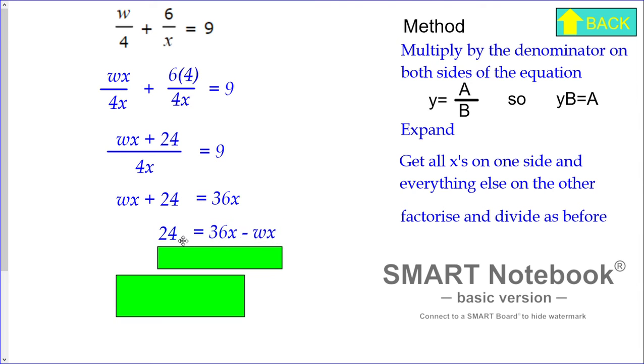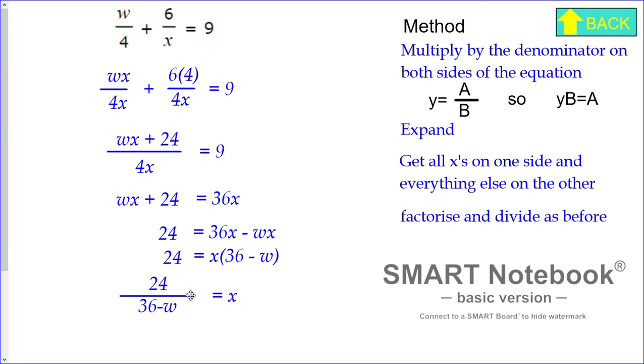So we end up with 24 equals 36x minus wx. Factorize: x times 36 minus w, and divide out whatever's in front of x. So 24 divided by 36 minus w is equal to x. And this is how you rearrange when the subject appears twice and you have some fractions involved.